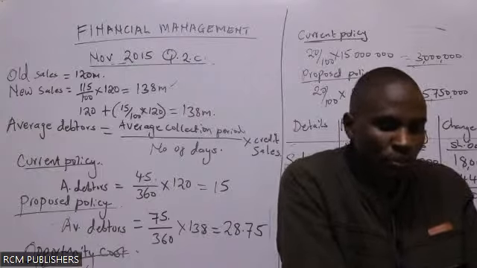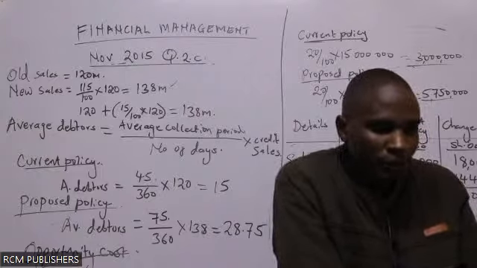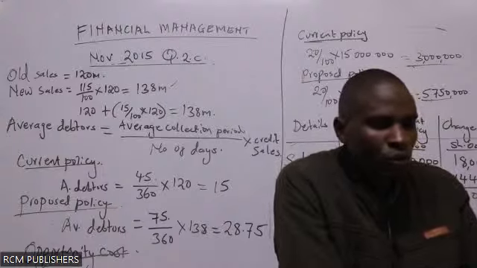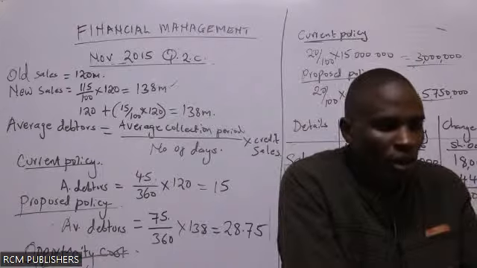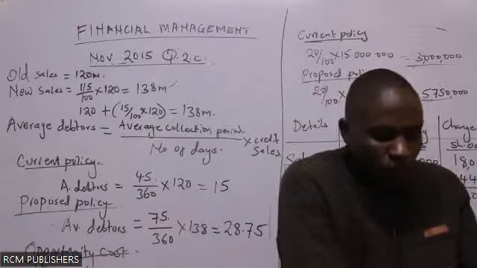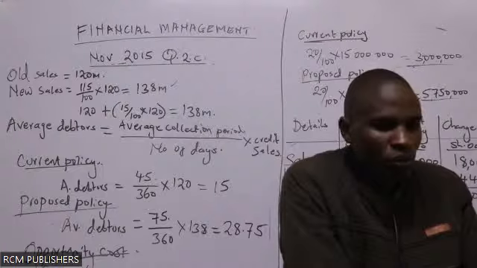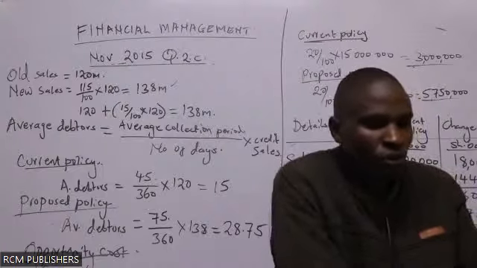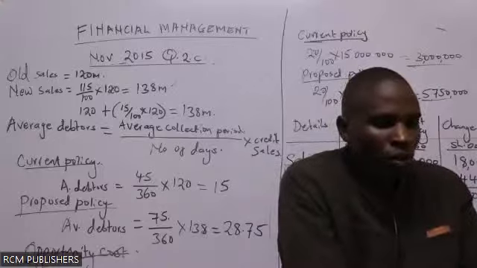Which have we found between those two? The question is how do we use the terms net 30 and net 60? A very good question from Paul.